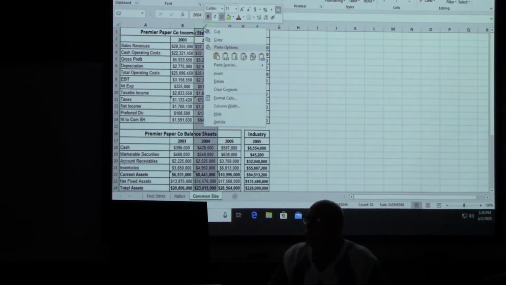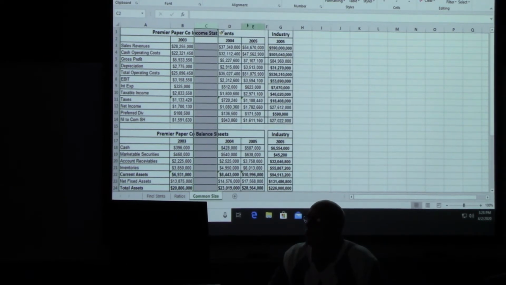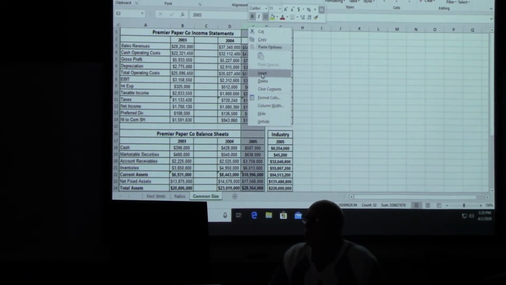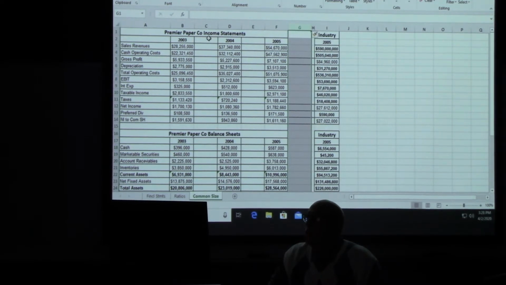So let's insert a column here, and a column here, and a column here, and we'll go ahead and call this 2003 and 2004 and 2005.